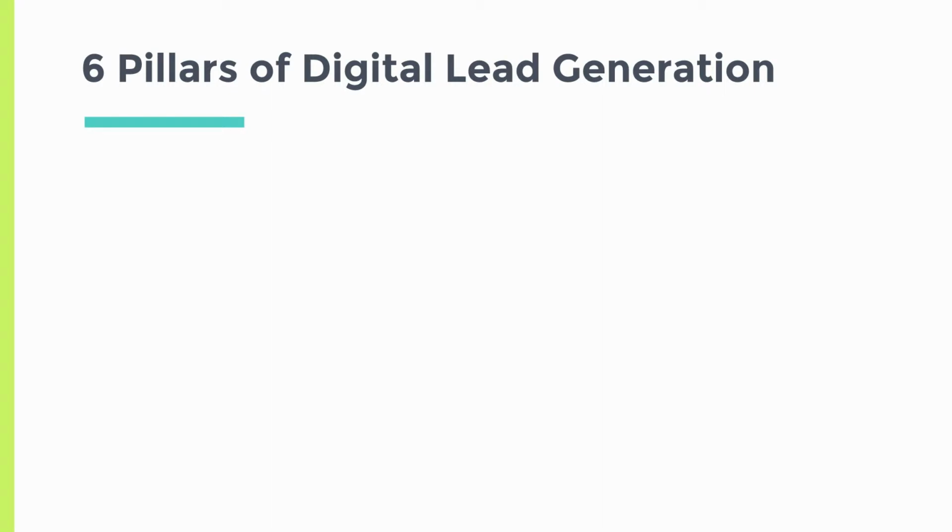So in my experience, the 6 pillars of lead generation have the most impact of today's marketing strategies and tactics. So let's step through each one to see how leads are generated. So there's your website that we use to generate leads.